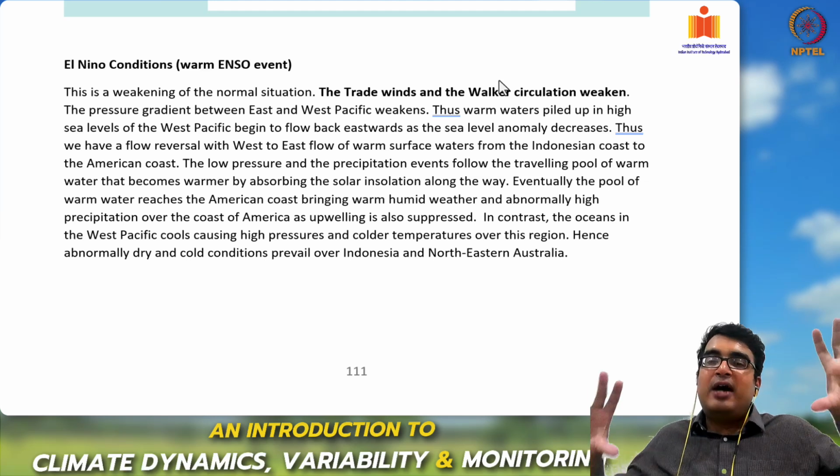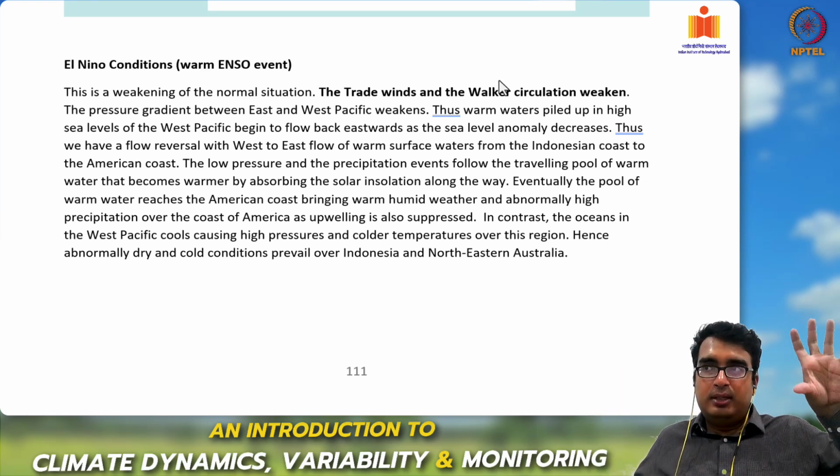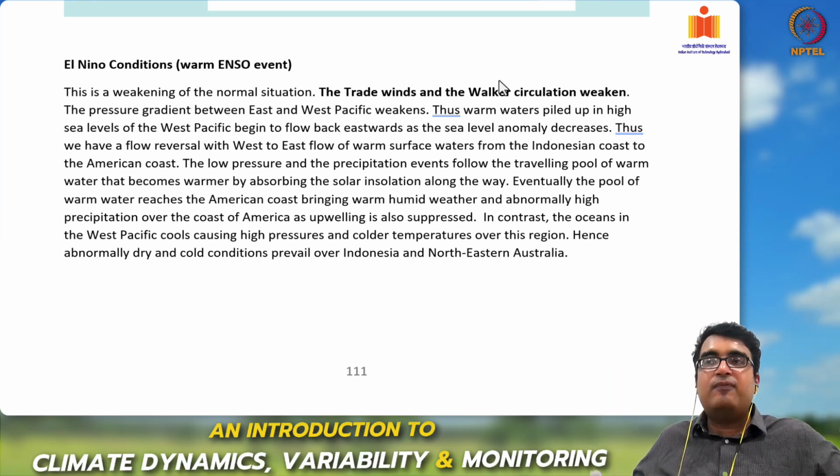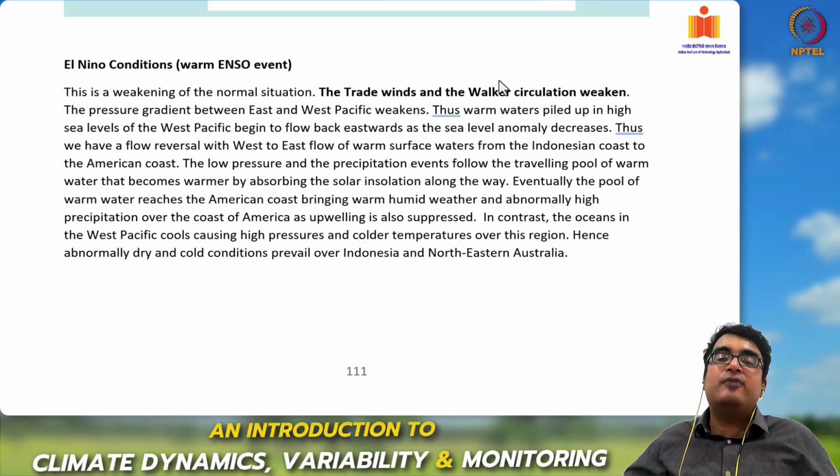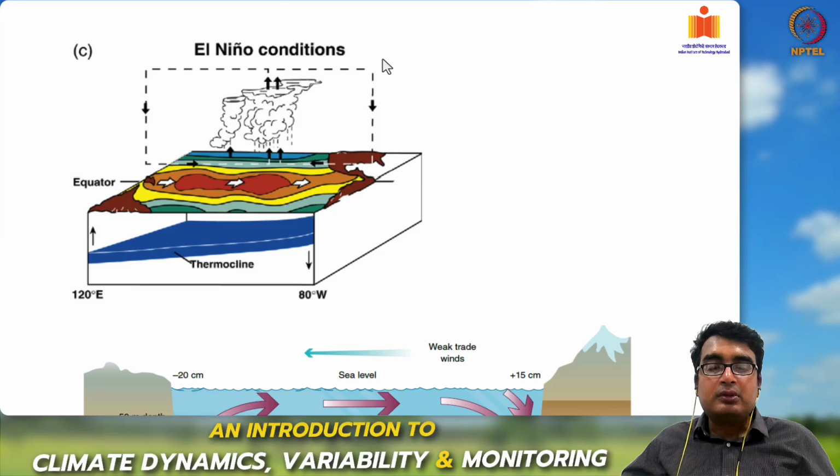So you have high pressure in the West Pacific and low pressure in the East Pacific, and the Walker circulation reverses itself. So this is the full El-Nino condition.